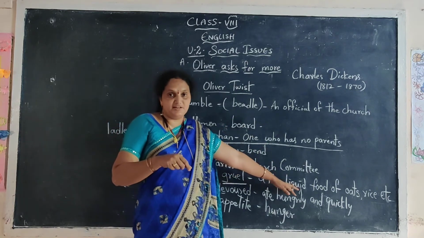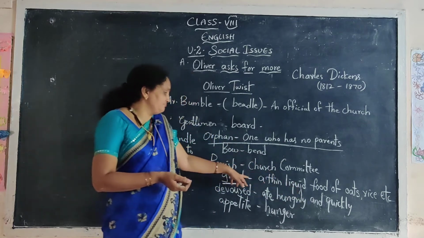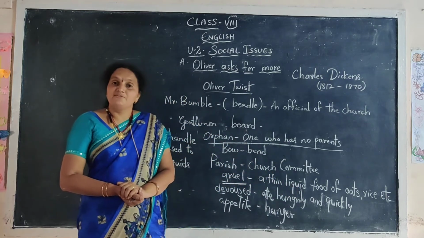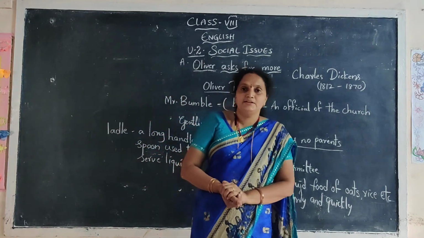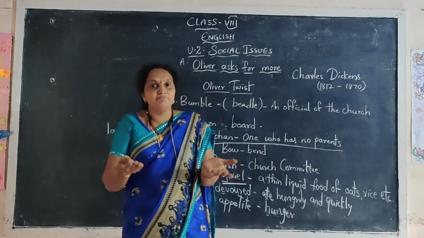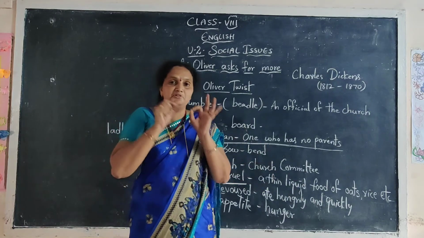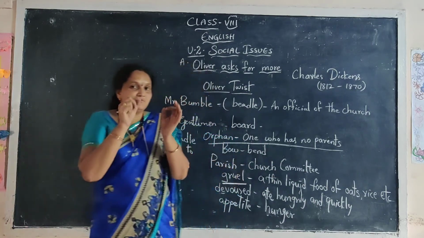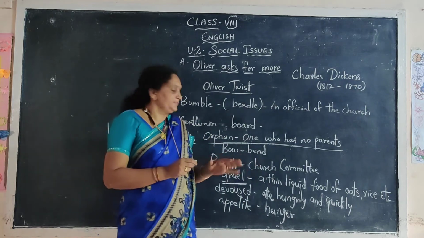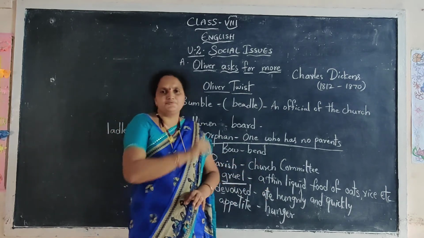So when Oliver Twist came in, the system was in full operation. When Oliver entered this workhouse, recently he had entered this workhouse, this system was in full operation. What was the system? Starvation and giving less food to the inmates. They are giving very little food.